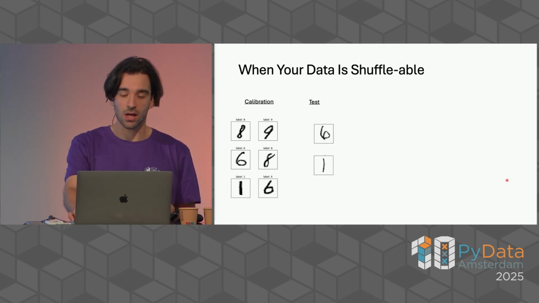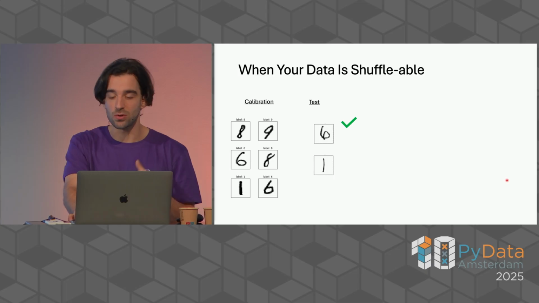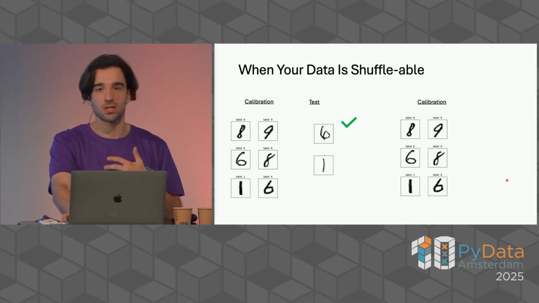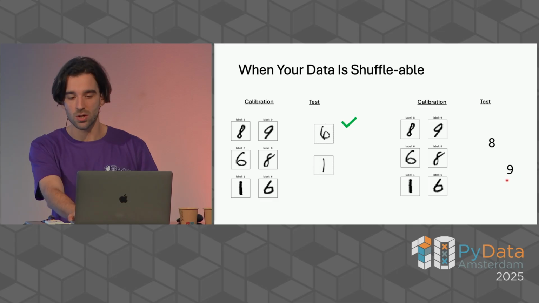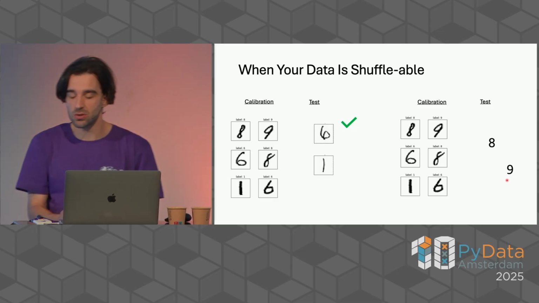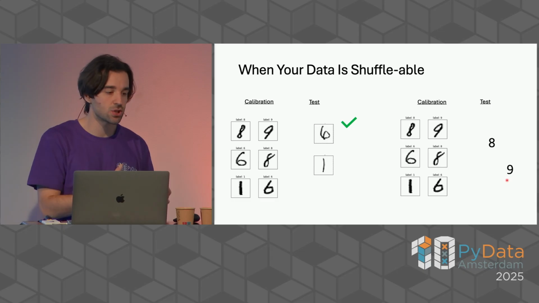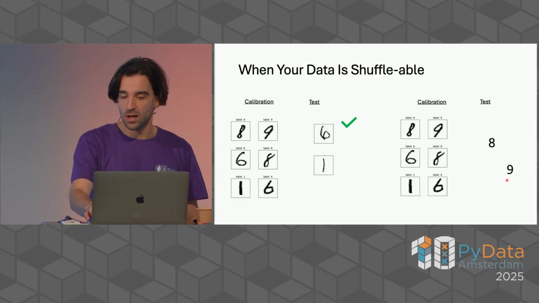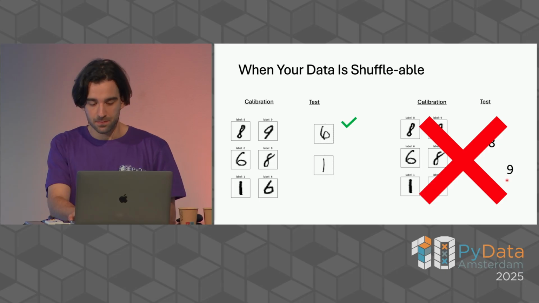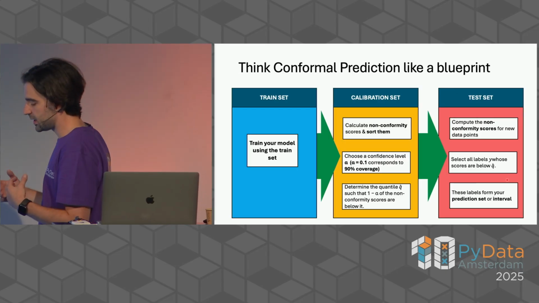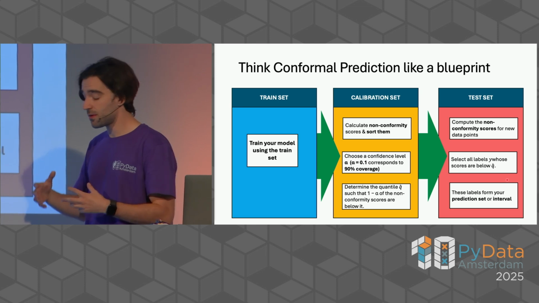Another example, sticking to the same data set: there is a guy just going on Word and writing numbers. Of course, these data are not exchangeable, because you train your model on the handwritten digits of MNIST, and then you test on a digital font. This would never work.